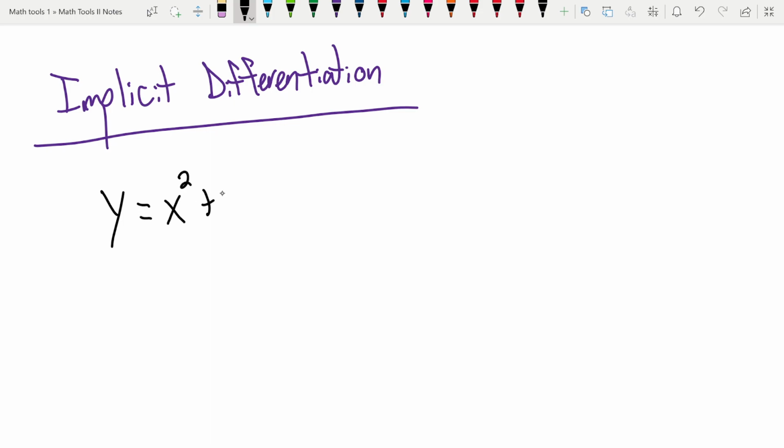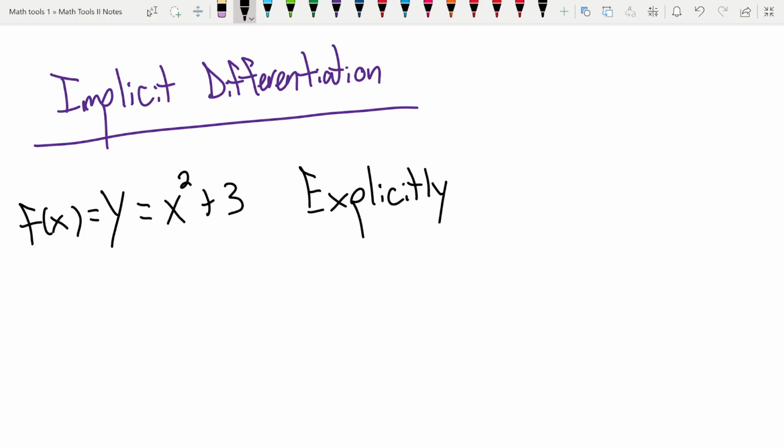So something like this, for example, and then maybe we call it f of x. This is defined explicitly. We're explicitly showing that y is a function of x. But what about something like, for example, the case of a circle?